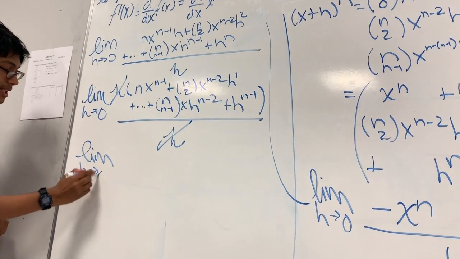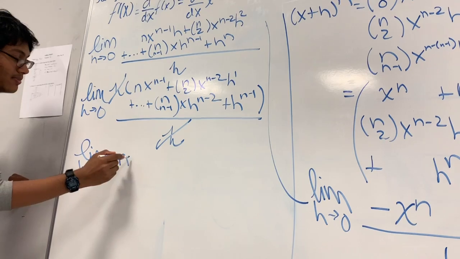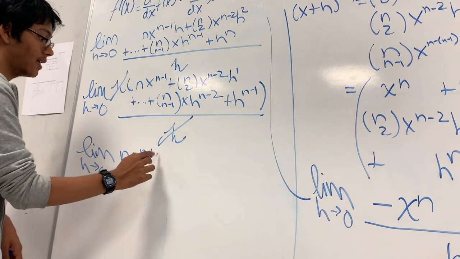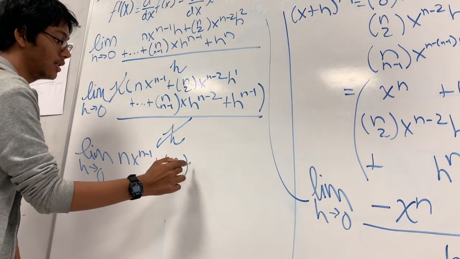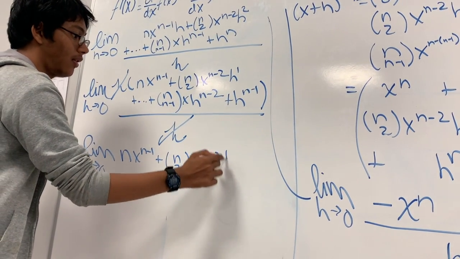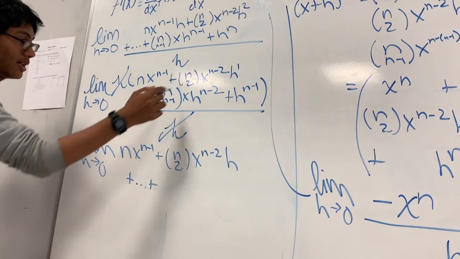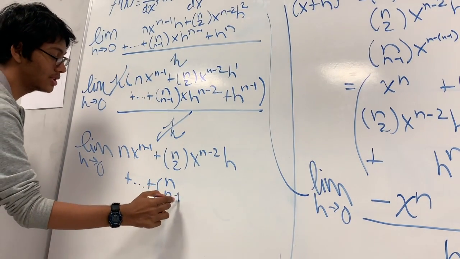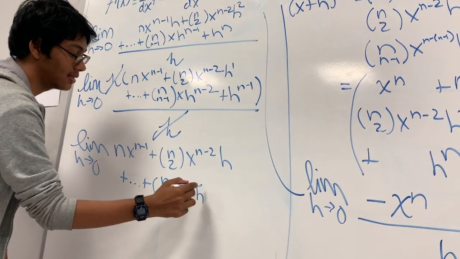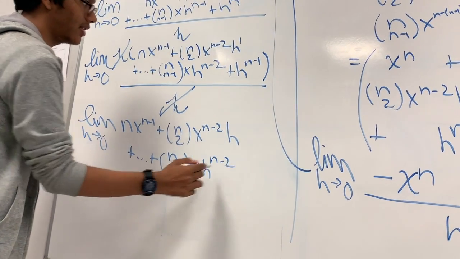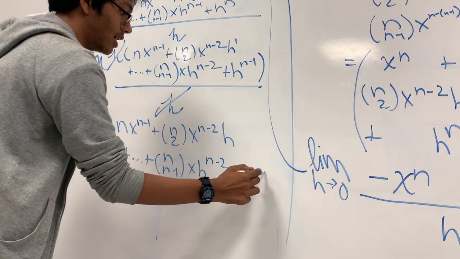Now what am I left with? I have to find the limit as h approaches 0 of this massive monster: n times x to the n minus 1, plus n choose 2 x to the n minus 2 times h, plus all the way to the last few terms, n choose n minus 1 of x times h to the power of n minus 2, plus h to the n minus 1.